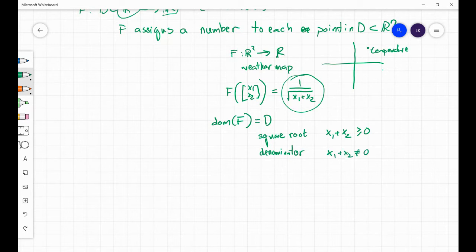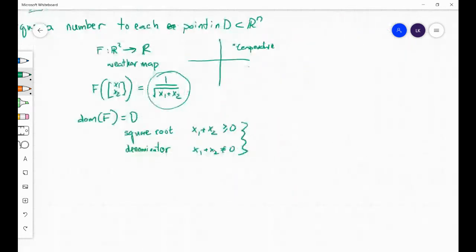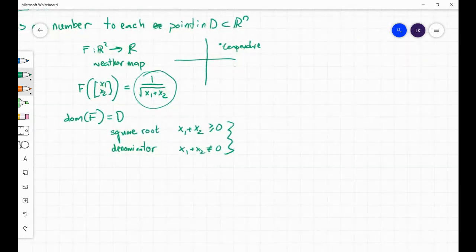Taking those together, we just need x1 plus x2 strictly greater than 0 to satisfy both conditions. Yeah, strictly positive.